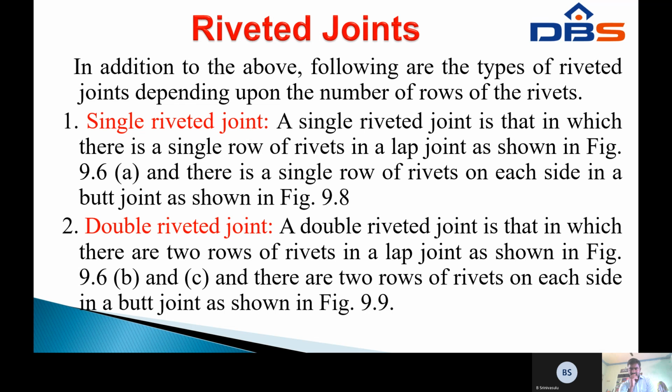Single riveted joint: a single riveted joint is one in which there is a single row of rivets in a lap joint, as shown in figure 9.6a, and there is a single row of rivets on each side in a butt joint, as shown in figure 9.8b. Double riveted joint means a joint in which there are two rows of rivets in a lap joint, as shown in figure.